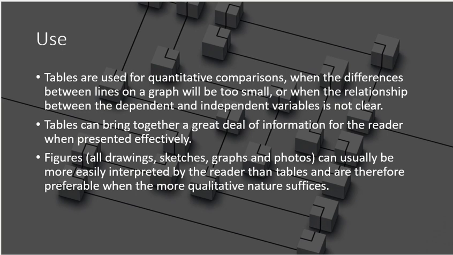One column has a value of 2, the other has a value of 3. If you plot them, the difference is very small. But when somebody looks at the value, even the difference of 1 becomes evident, clear. So tables can also be used where the difference is very small and you are afraid that if you plot it, the reader may miss it. In that case you can also use a table.